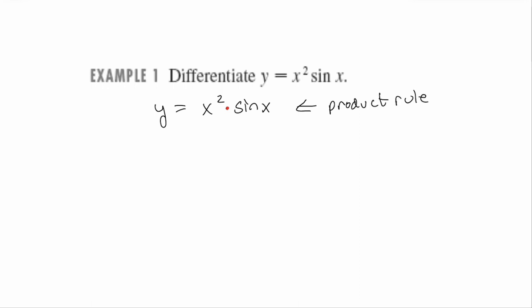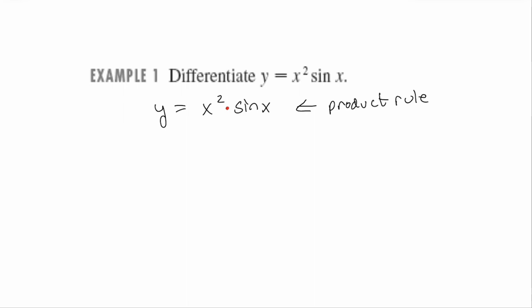Now, every time we go to take a derivative of a certain thing, if it's a power function, we have to use a power rule. If it's a sine, we have to know what the derivative of a sine is. So let's do it using our product rule.